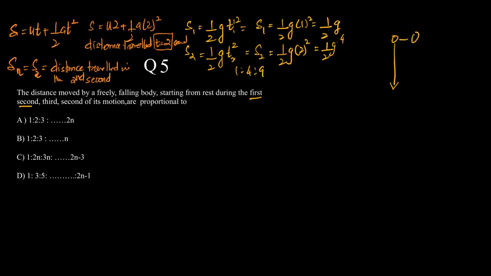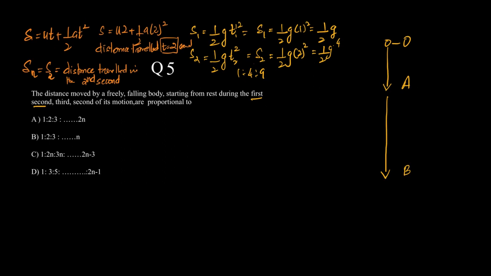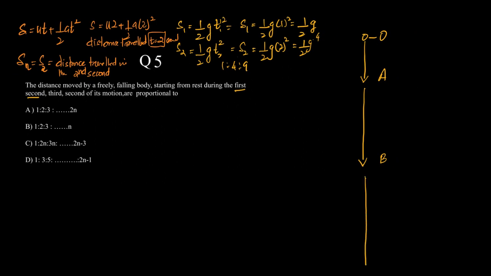It starts at position O, then it reaches A, then B, and later C. Now you say this much was the distance traveled in T1 seconds, this much was the distance traveled in T2 seconds, and this much was the distance traveled in T3 seconds.